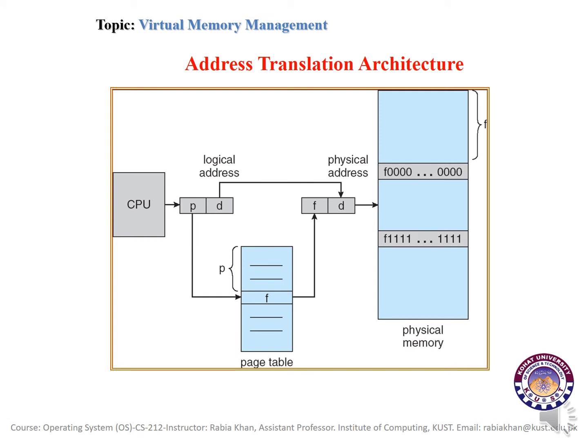The architecture of the translation process is shown here. The CPU generates the logical address of a single instruction that consists of a page number and an offset within the page. So this is the logical address being generated by the CPU.